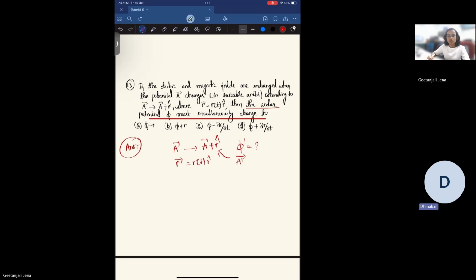Ma'am, is it option C? Yes, it's option C. So it's good that you are getting the answer. I think you must have used A to make it unchanged. The transformations would be this, and you must have equated to RK.